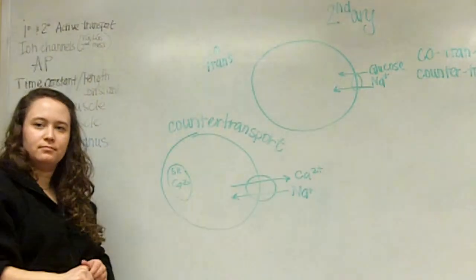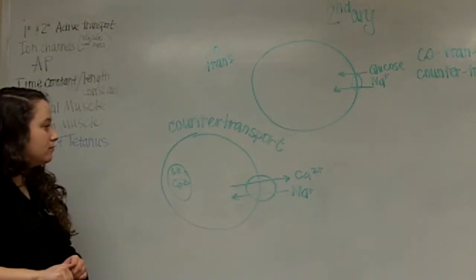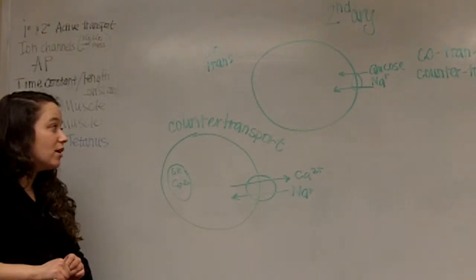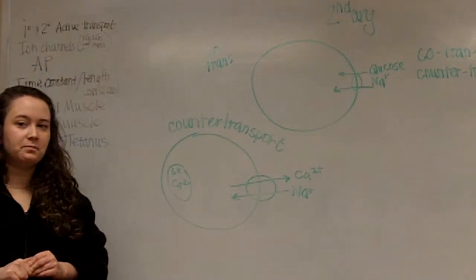The calcium doesn't want to come out of the cell because it doesn't have much, so it's got to have something that's going to make it go out of the cell. Since both of those are going in opposite directions, it's countertransport.